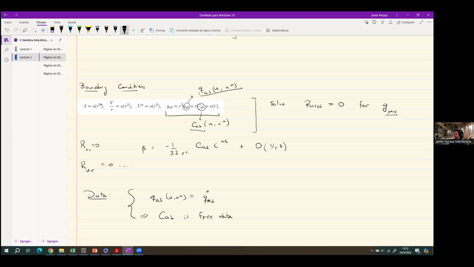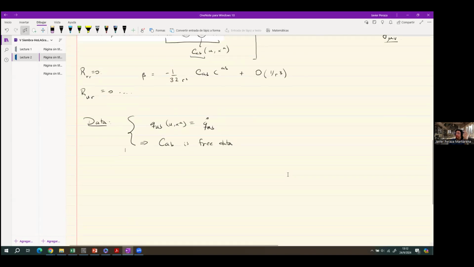Another possibility is to say that Q_AB is not fixed, but the volume element is fixed to that of the round metric.